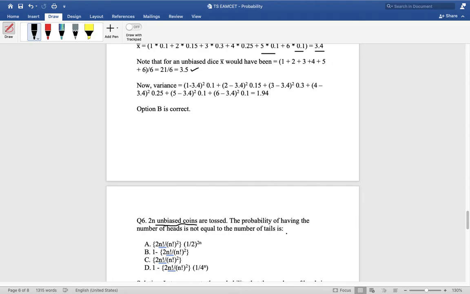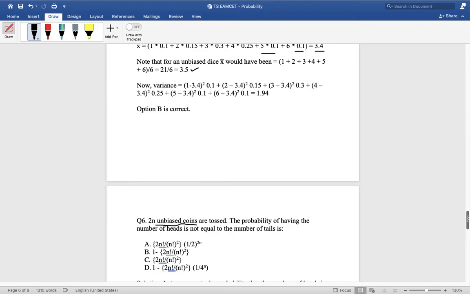So if you go and say, okay, I will assume 1 head and 2n minus 1 tails, then 2 heads and 2n minus 2 tails, then 3 heads and 2n minus 3 tails, 4 heads, 2n minus 4 tails, and so on, it will take up 10 minutes.